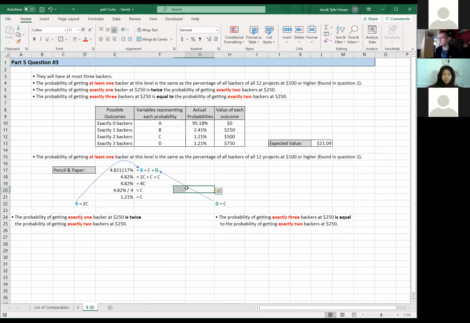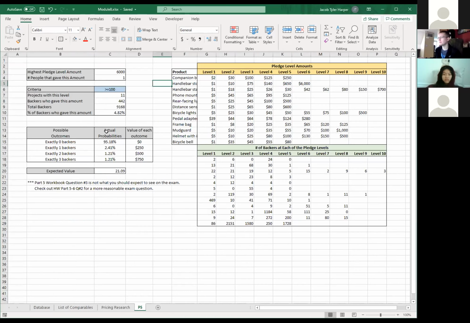It looks like that, which means we can divide both sides by 4, and we can actually solve for one of these probabilities. Then to finish, since we now know what C is, we know what D is, and we know what B is, and A is just essentially all the rest of the probabilities that we were missing. So that allows us to solve for these 4 probabilities.